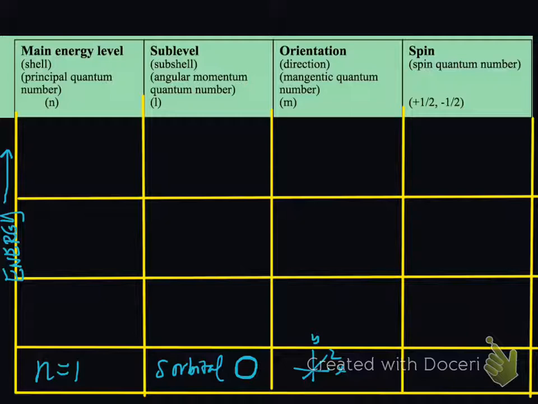There's only one s orbital on every main energy level, because it doesn't really have an orientation. It's spherical, hence the s. So, within that s orbital on the first main energy level, you can have two electrons. But it'd be way too confusing if these two electrons had exactly the same address.